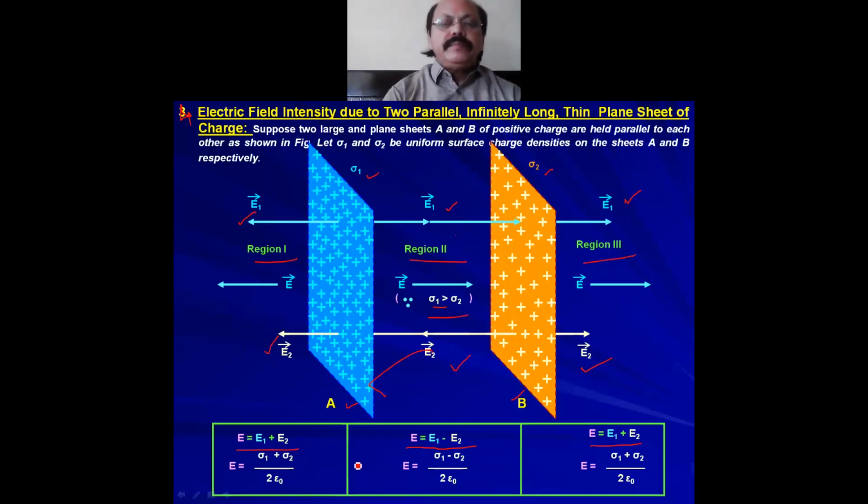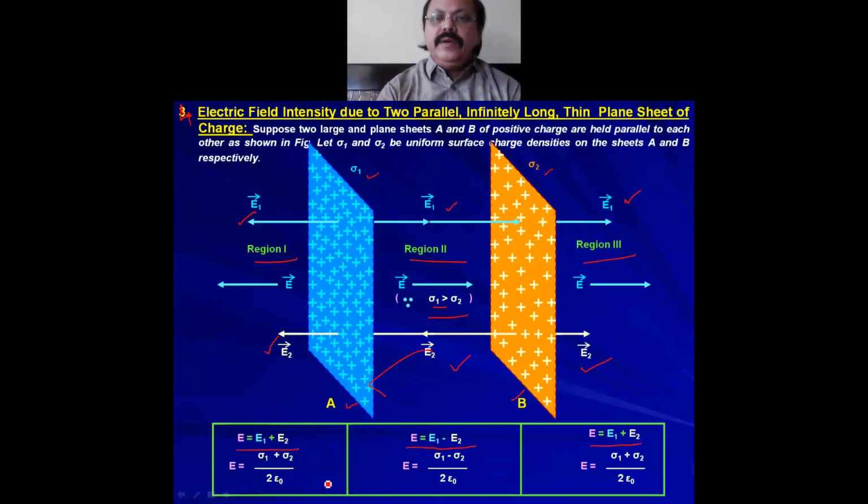E1 you have already derived due to the single sheet, sigma 1 upon 2 epsilon naught, and E2 is sigma 2 upon 2 epsilon naught. So when you substitute, 2 epsilon naught is common. So this becomes E equal to sigma 1 plus sigma 2 upon 2 epsilon naught.